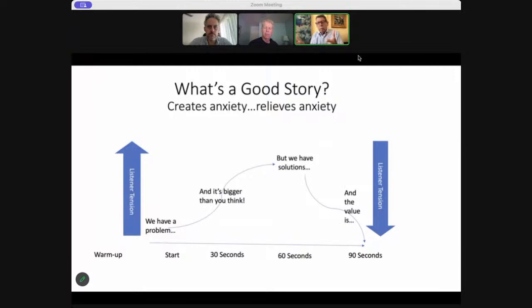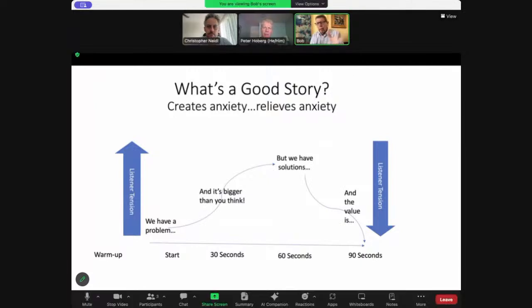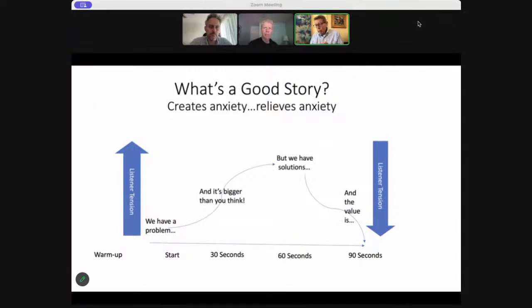If the solutions you want to talk about in terms of taking carbon dioxide out of the atmosphere in various ways, those solutions aren't going to land as well if they don't relieve tension that you've created in the audience. And once your solutions do begin to take shape and they feel relieved that there may be a way out of this, then they really appreciate the solution, are much more willing to hear it.